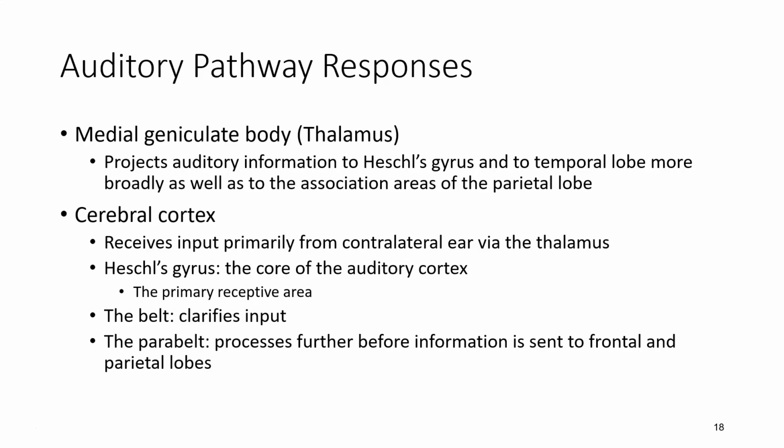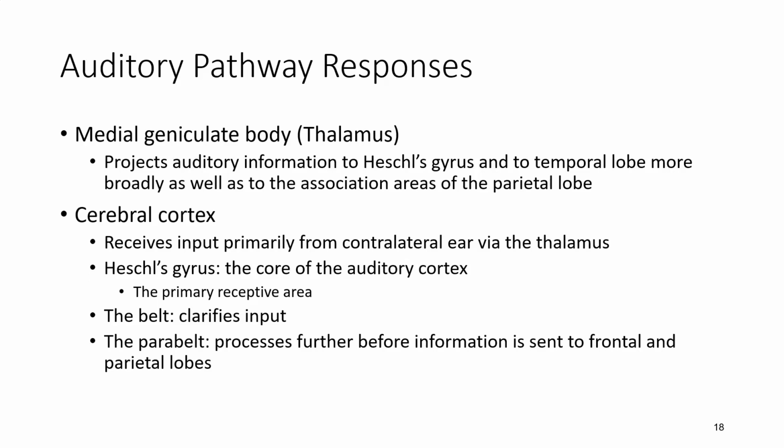Arrival of sound information to the cerebral cortex comes primarily from the contralateral ear, the ear on the other side, through the thalamus. The bulk of the information first goes into Heschel's gyrus, which is our core of auditory processing and the primary receptive area for sound.